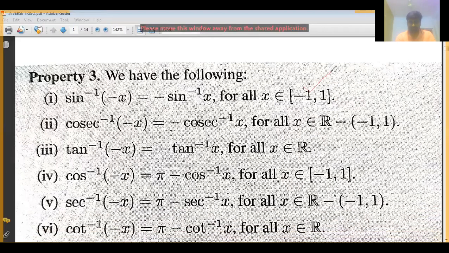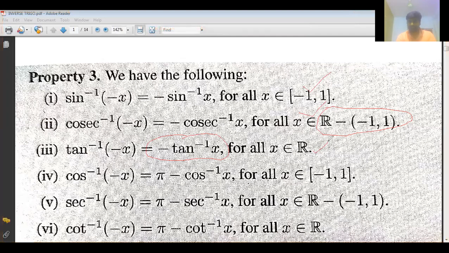We should not forget. Similarly, cosecant inverse of minus x is minus cosecant inverse x, here R minus of minus 1 to 1, this is the domain of cosecant inverse x. And tan inverse of minus x is also minus tan inverse of x, for all x belongs to R. Why? This is the domain of tan inverse x.